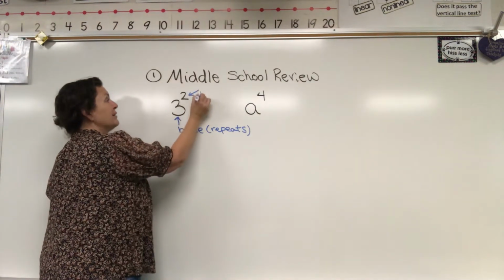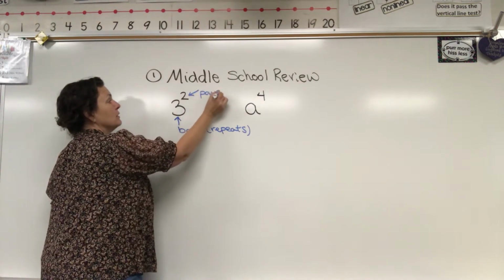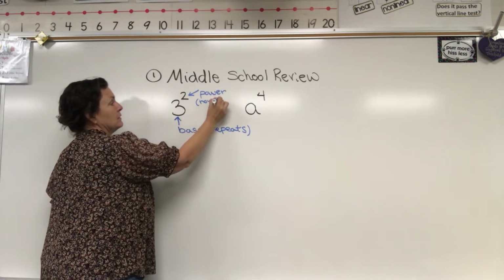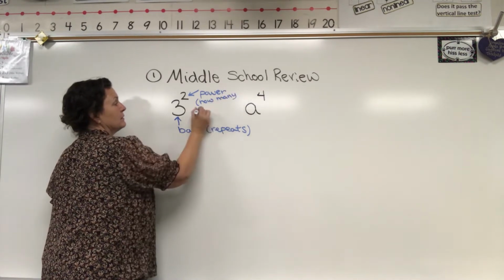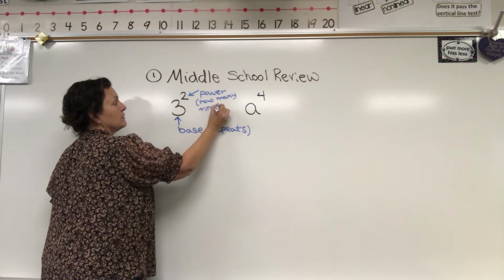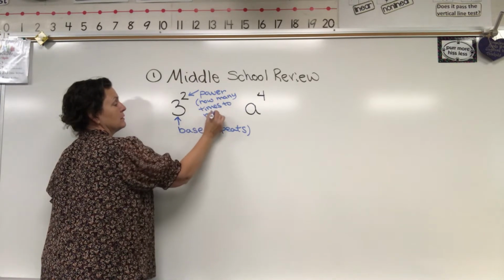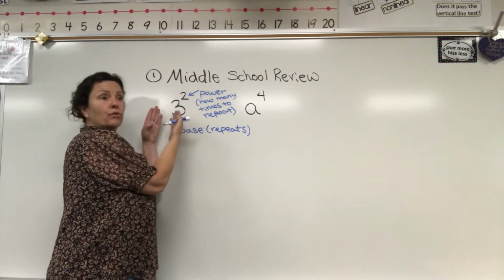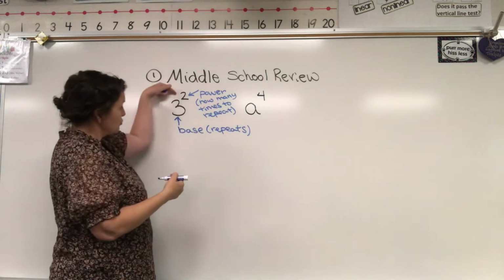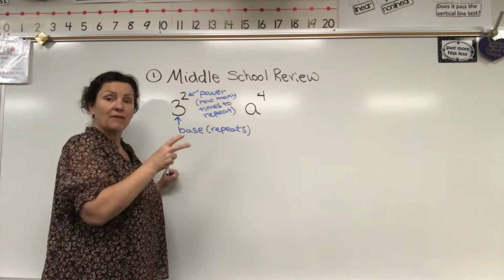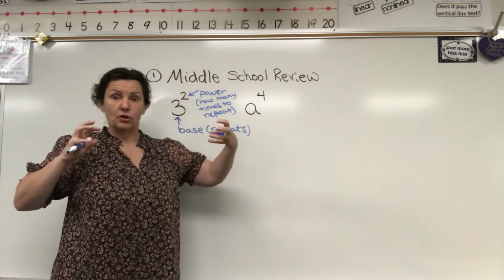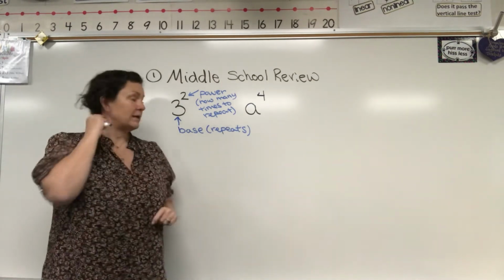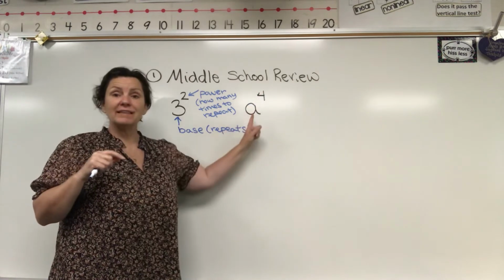This thing up here is called a power. And it tells me how many times to repeat. So technically this is 3, 3, because there's 2 3s. And if I wrote it in what we call expanded notation, it would be 3 dot another 3. 3 multiply another 3.